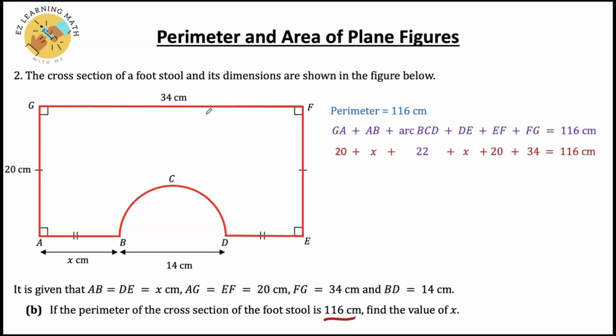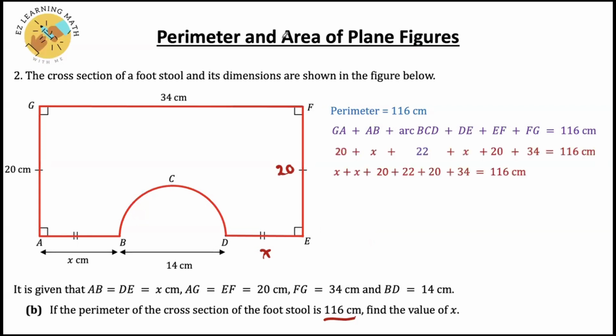Okay, next. You know the GA is 20 centimeter. AB is x centimeter. Arc BCD is 22 centimeters from the previous question. DE is also x. EF is 20 centimeter also, and then FG is 34.